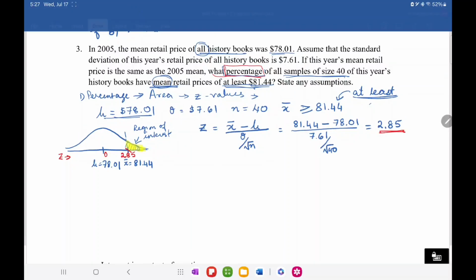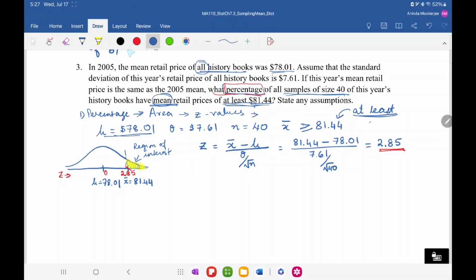So I'm going to write here, find area to the right of z equals 2.85. So now I'm going to go to the table.